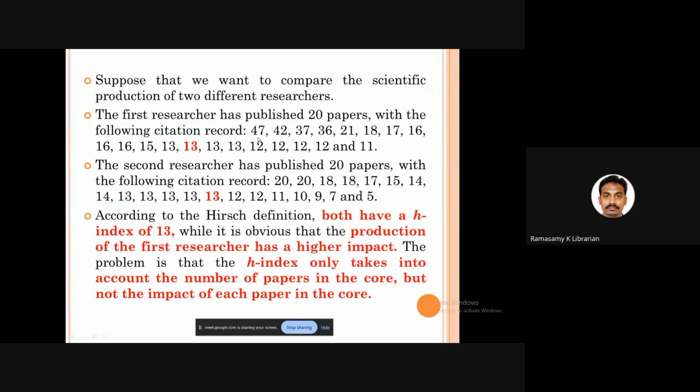Just go through the number of citations received by the first author and the number of citations received by the second author. Do you think both are equal? I don't think both are equal, because author A has comparatively got more citations for his papers than the second author. But the H index of both authors is only 13. So now, using this M index, though their H index is one and the same, I am going to show you who is better than whom.